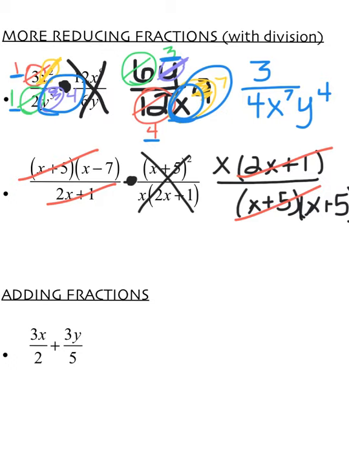So as far as my answer goes, I'm going to write x minus 7 on the top, and I have an x there also, so x times x minus 7. And then on the bottom, I'm left with an x plus 5. You could put that in parentheses, you wouldn't have to necessarily. But that's what your answer would look like, and that's as simplified as you can go. So keep in mind that you cannot cancel this x with this x because of this addition that's going on right here.